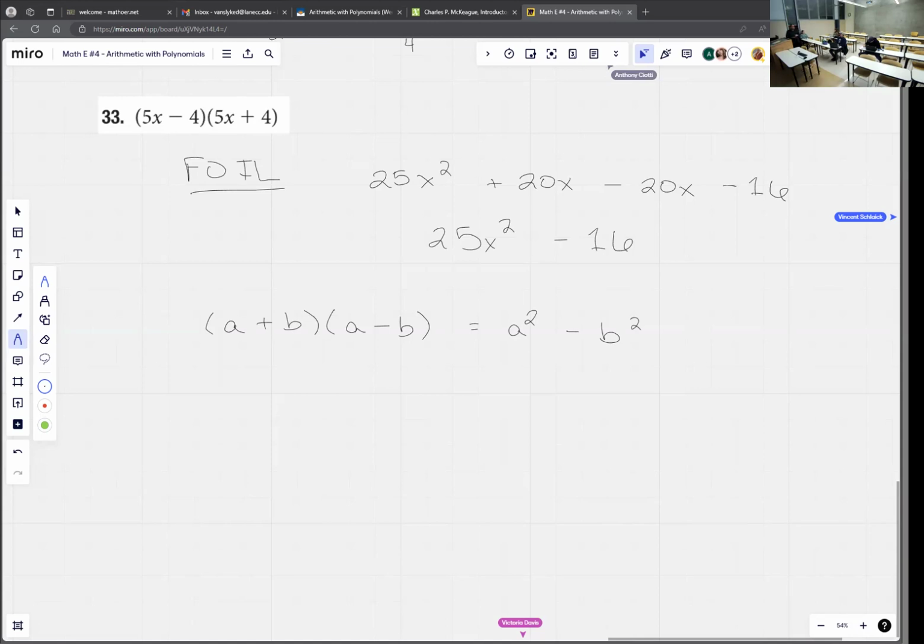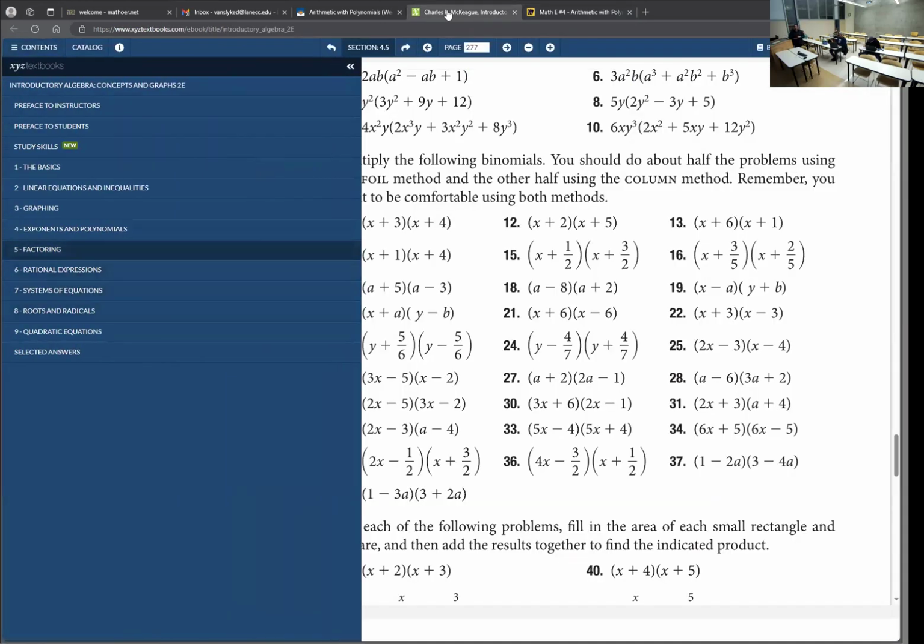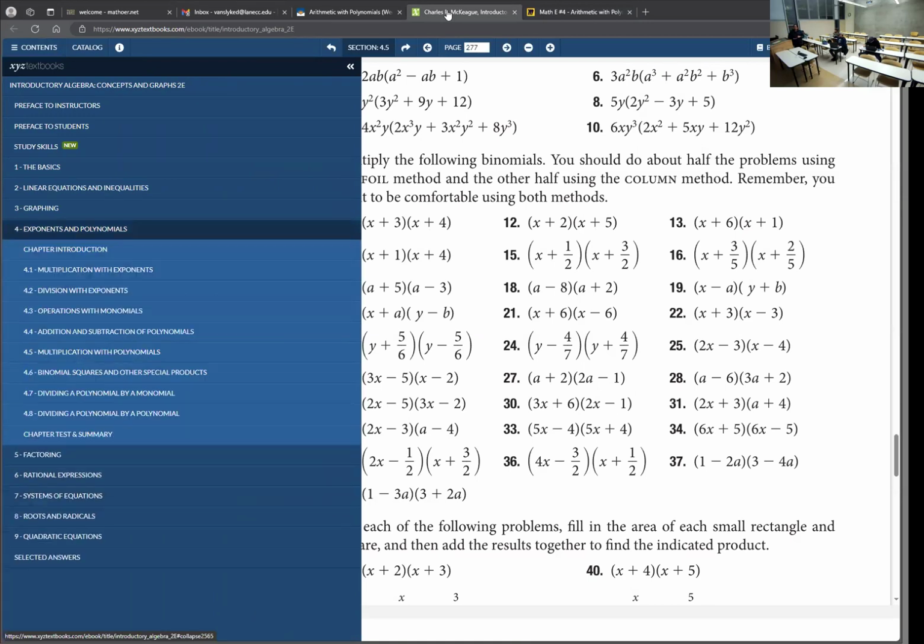I think I'd like to see the patterns. So, okay, well, you have access to the books. Both books have a section on the patterns. You want me to show you where? So in this book, special products is the phrase they use. So 4.6.